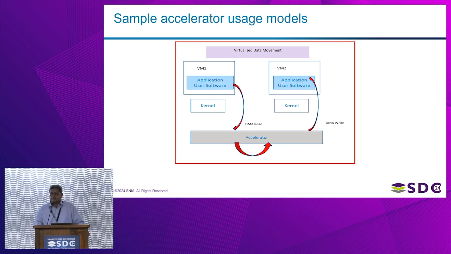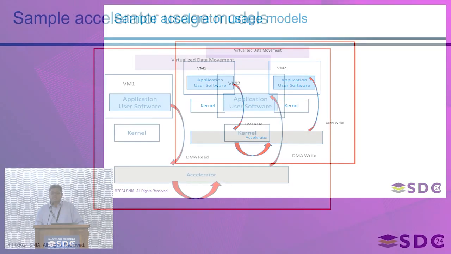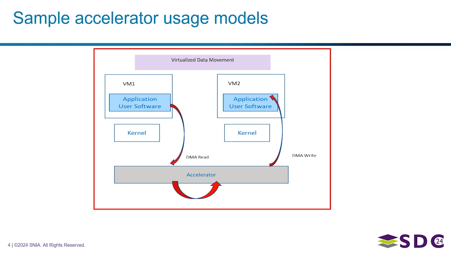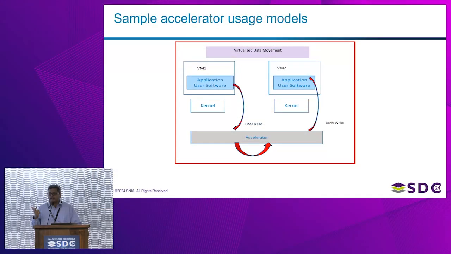What if your application was virtualized, running within a guest, and you had a user space-based application running there? If you have dealt with virtualization before, your address is not your address. It's what you see is your address. So it's a guest virtual address that you see at the user space level.